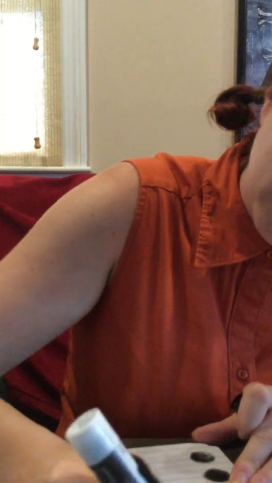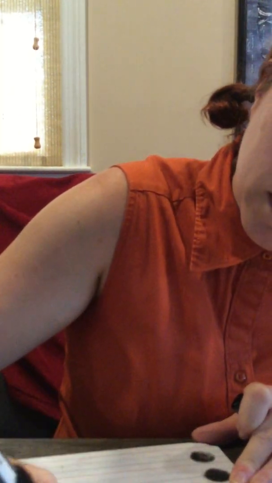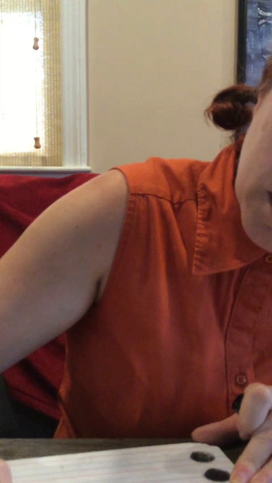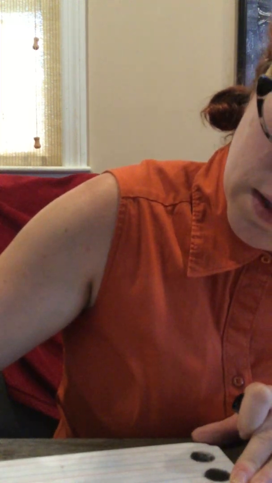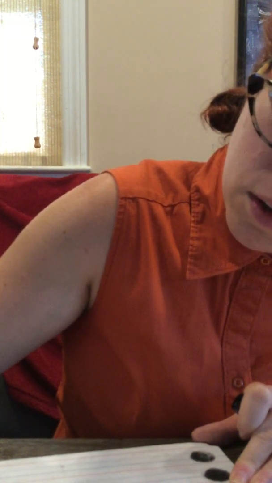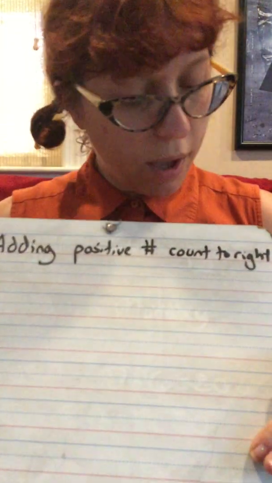Positive and negative. So the rules, let me write these out for you. When you're adding positive numbers, you count to the right.